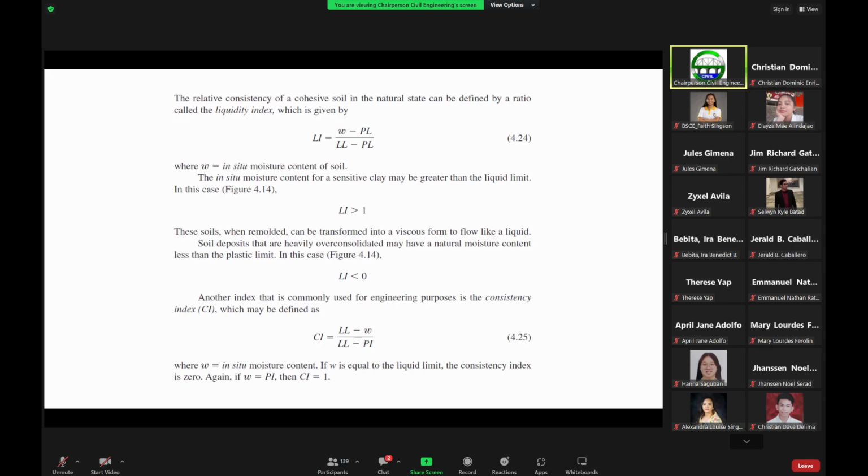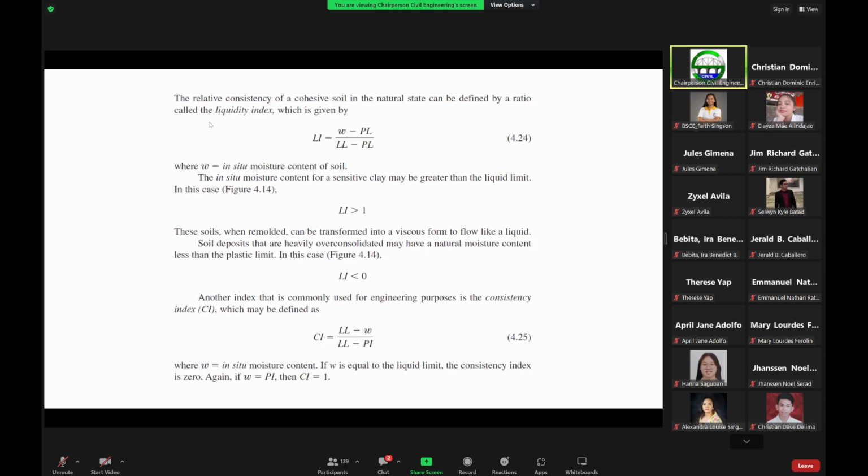The relative consistency of a cohesive soil in the natural state can be defined by a ratio called the liquidity index, LI, wherein LI is defined as the in situ moisture content, the on-site moisture content, not the moisture content that you determine in the lab but the one in the field, minus the plastic limit, over the difference between the liquid limit minus the plastic limit.